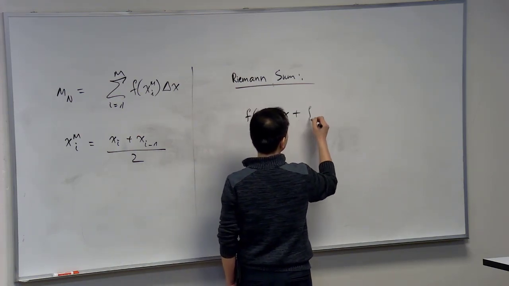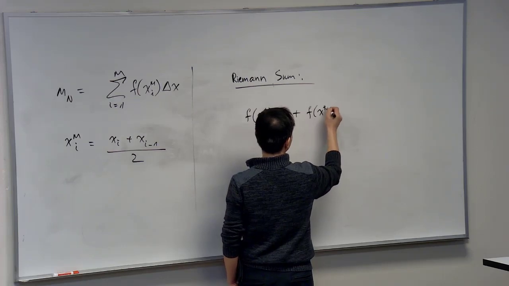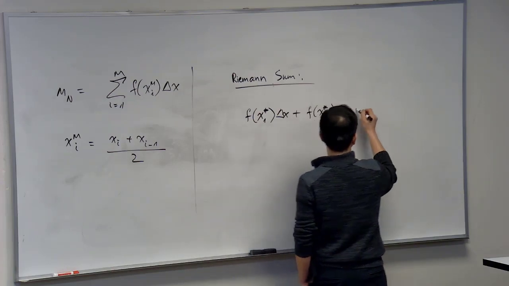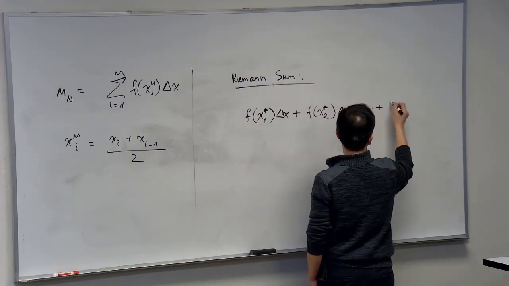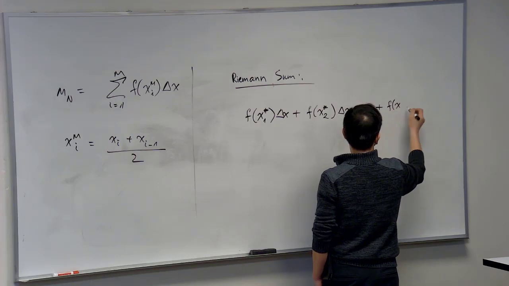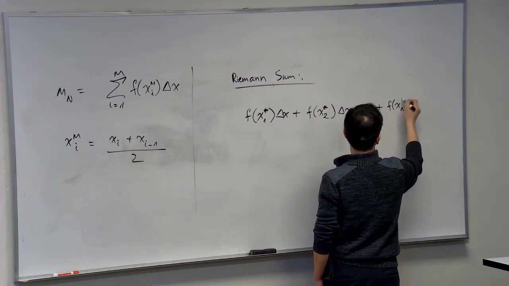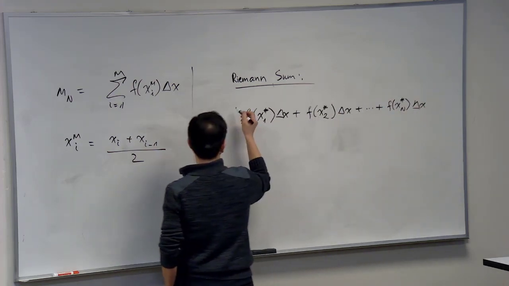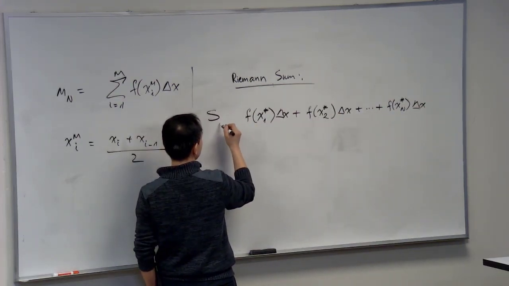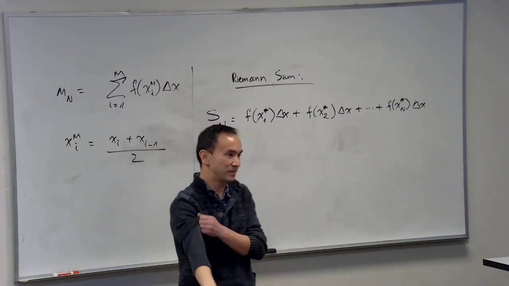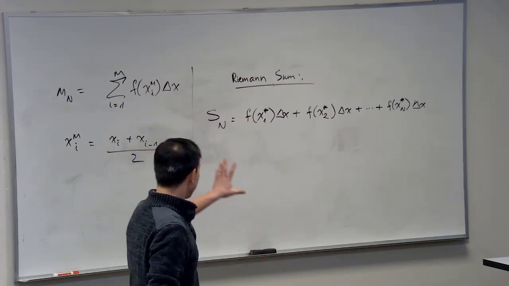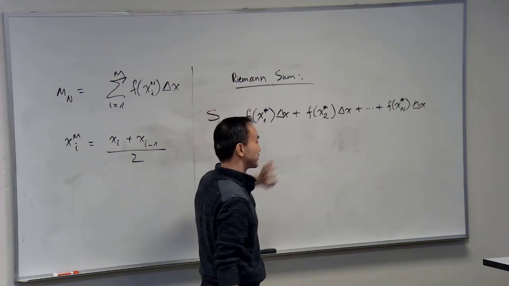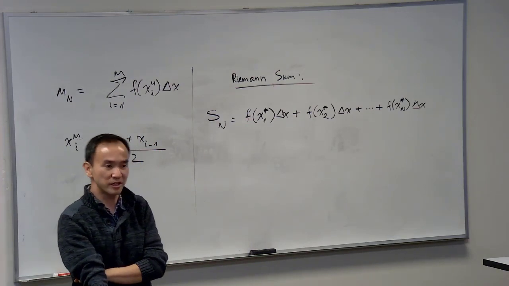We add that to the function value evaluated at some sample point in the second interval times delta x, and so on up to the last subinterval times delta x. This is the Riemann sum that I call generally S sub n, a sum with n subintervals. It's not necessarily the left endpoint, not necessarily the right endpoint, and neither the midpoint. It could be any one of them.